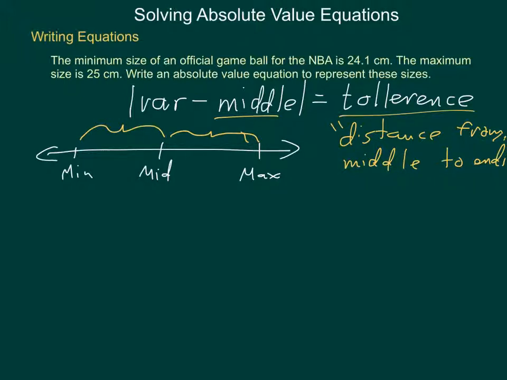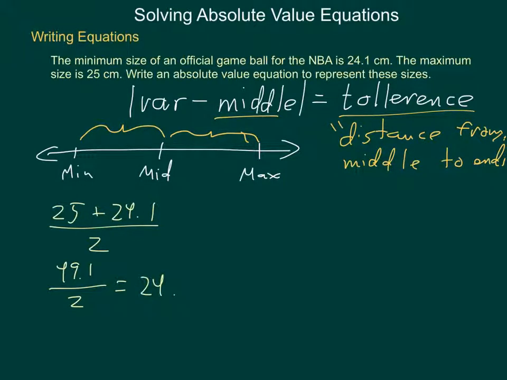So first, how do we find the middle? We take our 25, subtract our 24 and 1/10, and divide it by, add them and divide by 2. So when we add these together, we get 49 and 1/10 divided by 2 gives us 24 and 55 hundredths. So that is our middle.